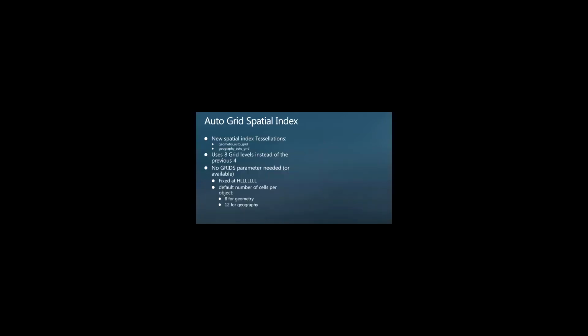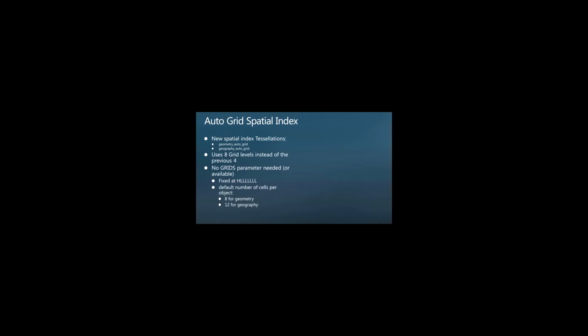When we defined the index in SQL Server 2008, we gave you one mechanism: 4 grid levels with different grid densities that you can specify to tune your spatial index. In SQL Server 2012 we add a new spatial index tessellation that we call the auto grid. The auto grid uses a fixed 8 grid levels instead of the previous 4, and there are no grid density parameters that you can set.